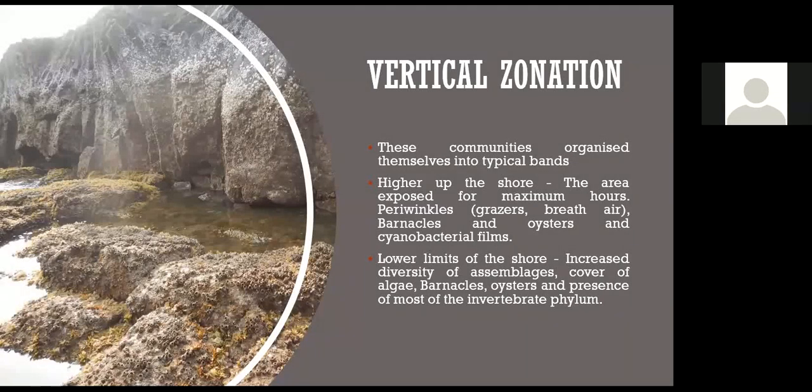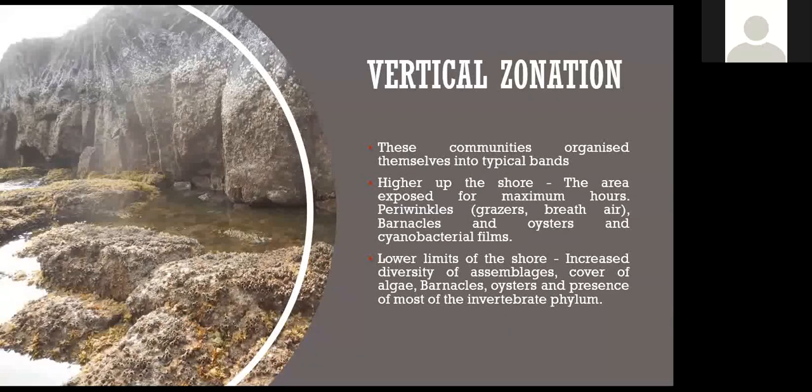Once you move higher up the shore towards the high tide region, which is the area maximally exposed during high tides, these areas are taken up by most of the littorinids, or periwinkles as we commonly call them, and some oysters, barnacles, cyanobacterial films, or some algal species.